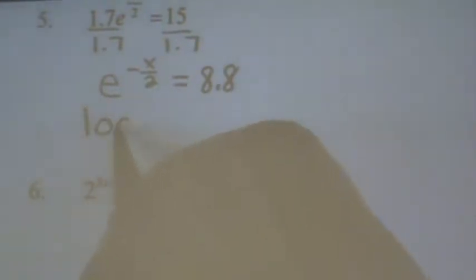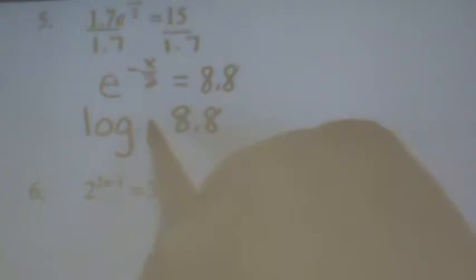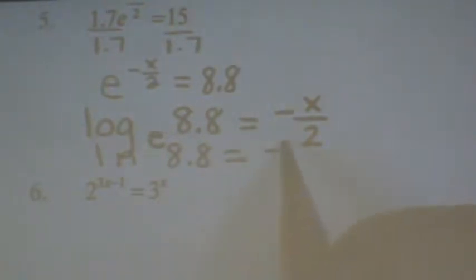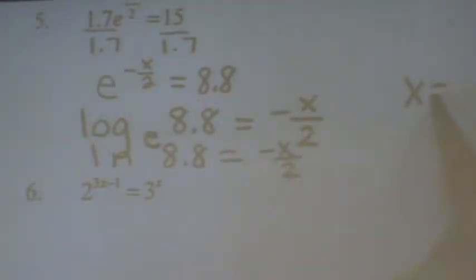This is going to be the log of 8.8 base e, which is ln 8.8. Some of you guys will just go to ln 8.8, and then you have negative x over 2 is your power. So this you do on a calculator. This is just ln 8.8. Multiply that by 2 and then divide by negative 1. Your answer is negative 4.35.